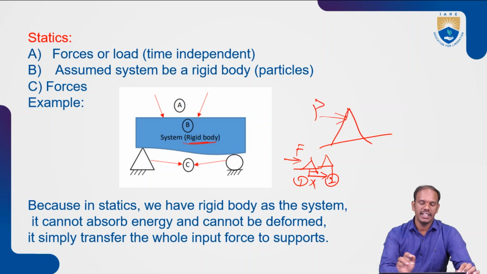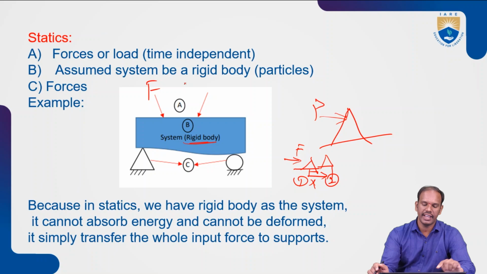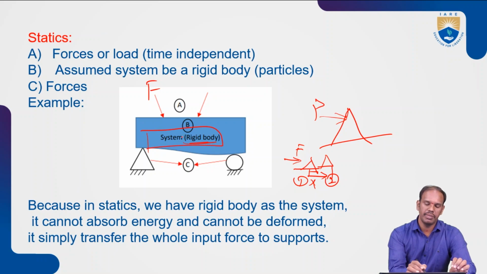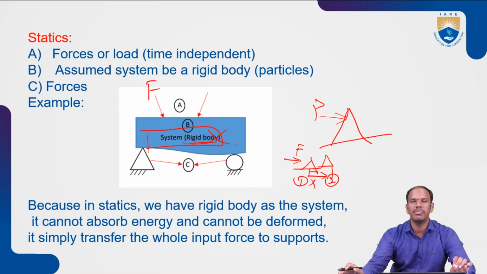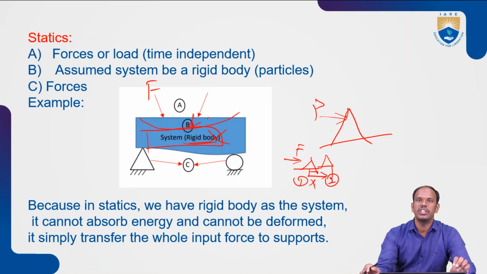In this there is a force F given to the system. F is a force or load that is time dependent, like pressure, where the variables change with time. Assume the system is rigid like a particle. There is no reaction, no deformation, and no elasticity varying with the loads.